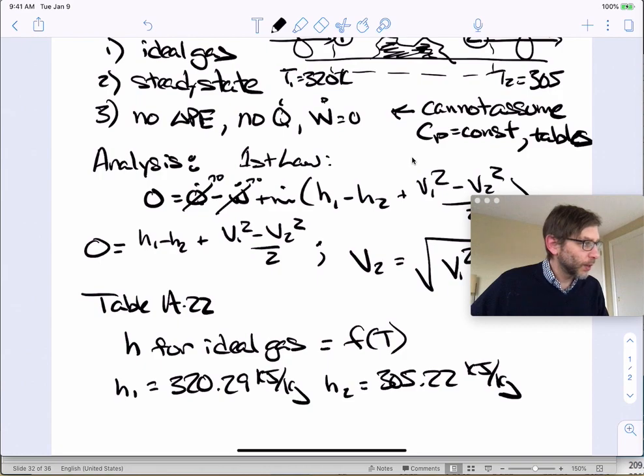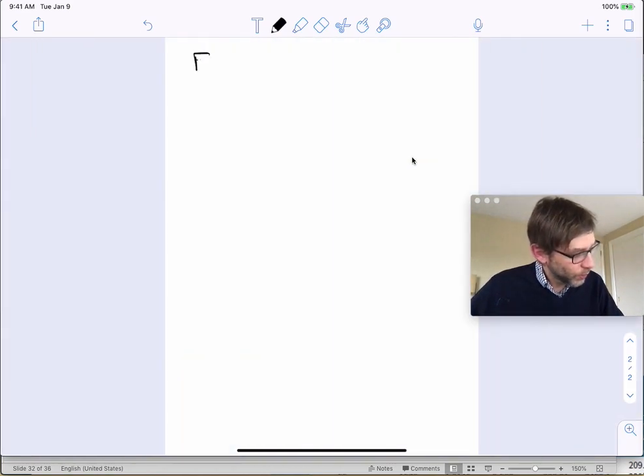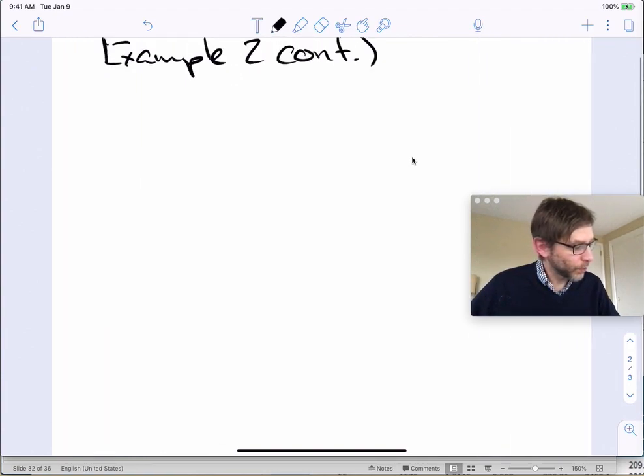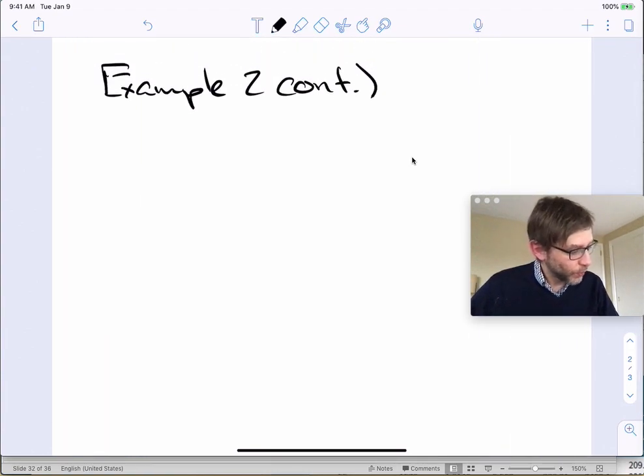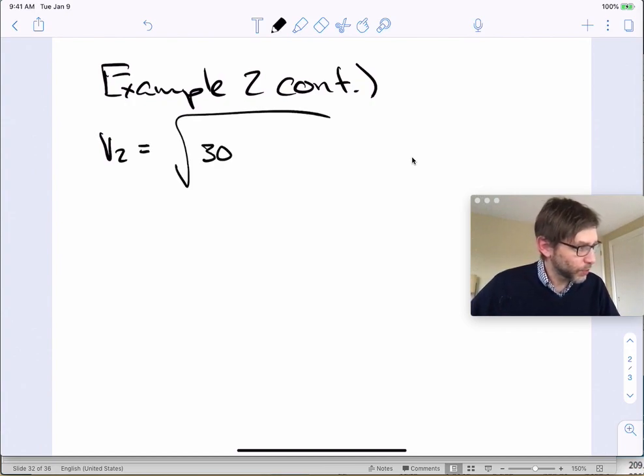If we plug things in, I'm going to the next page here. Example 2 continued. So V2 is equal to the square root of 30 meters per second, squared.